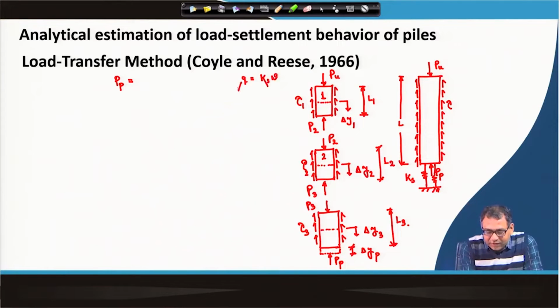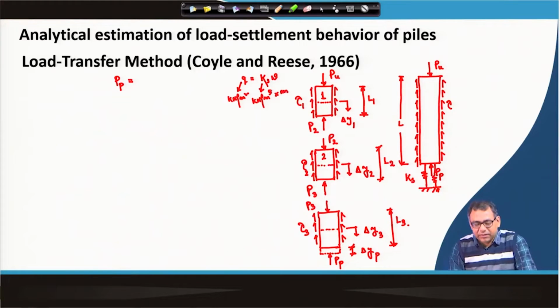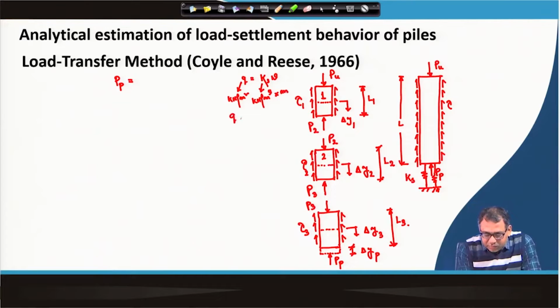That is the stress, in kilonewton per meter square. Ks is the spring constant, in kilonewton per meter cube, and w is the deformation. So, here q is equal to Ks into w, which is del yp.